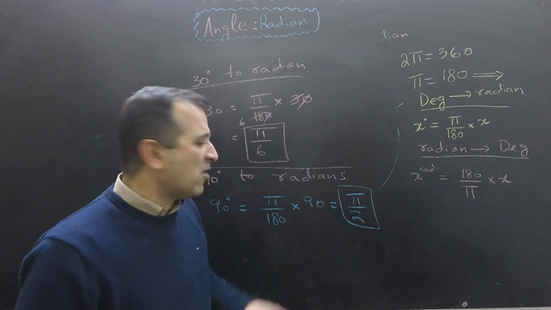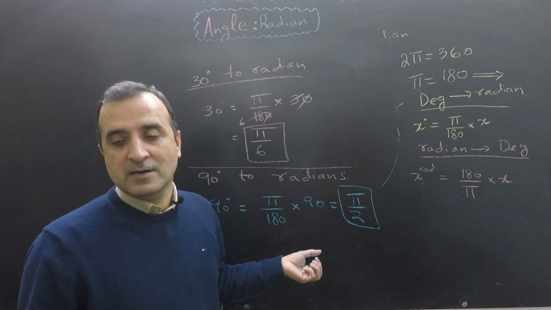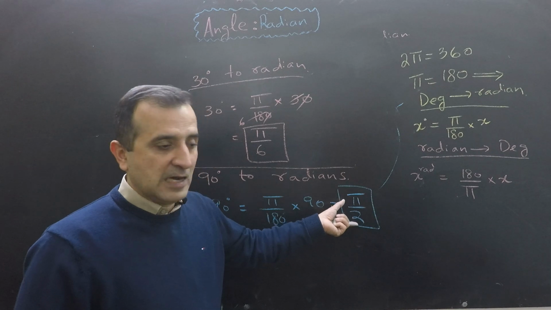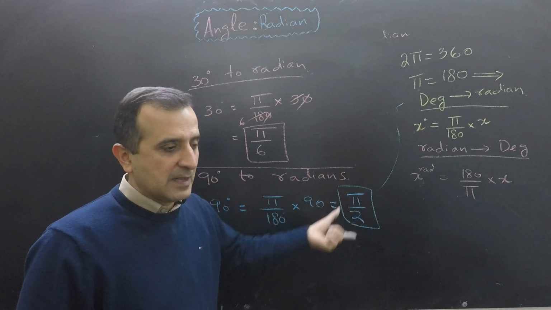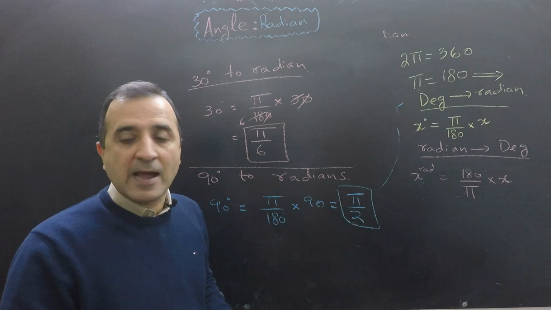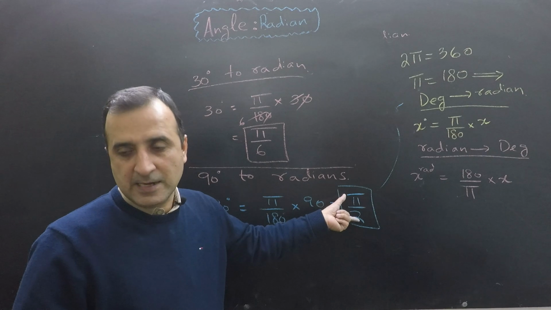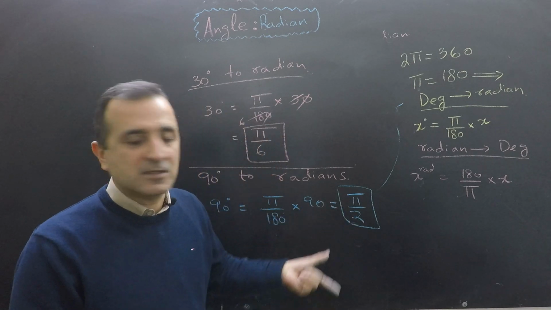And without calculating, what will 45 degrees be? Pi by 4, right? Because this is a quarter of a circle, and half of the quarter is pi by 4. If this is 90, then half of this is pi by 4.